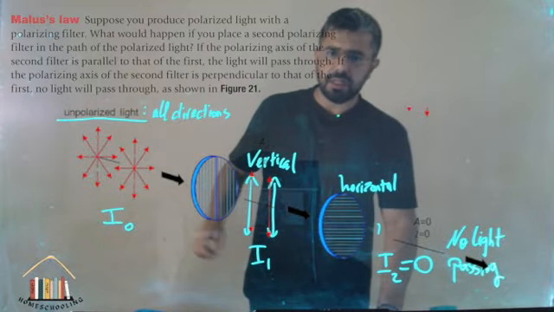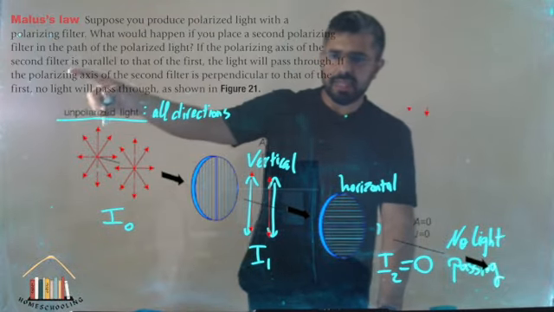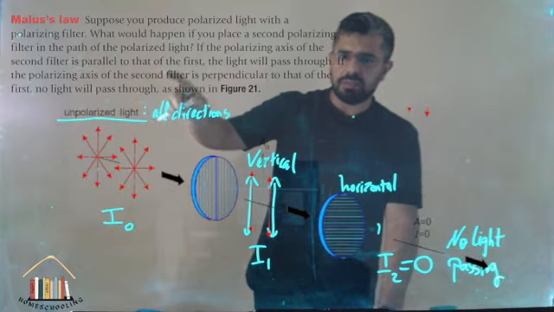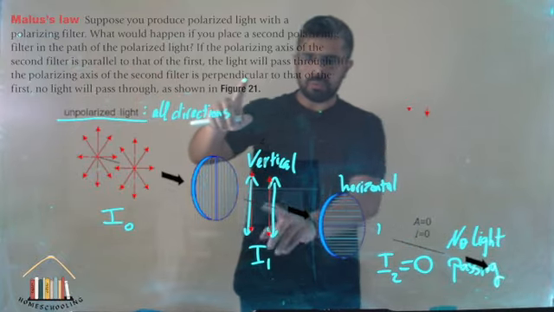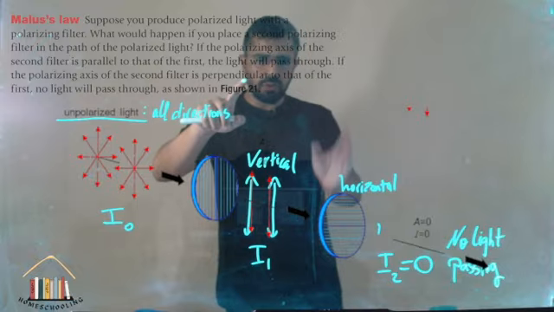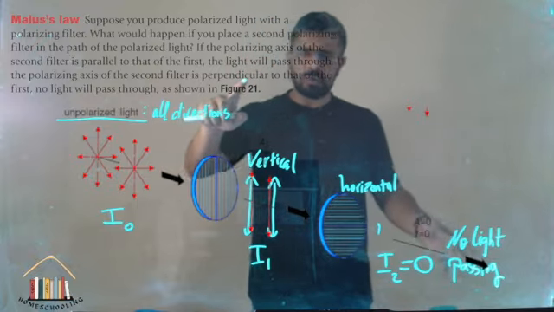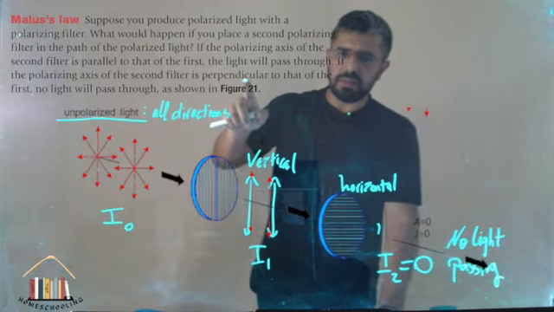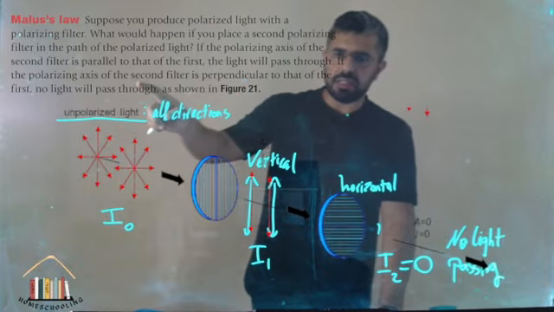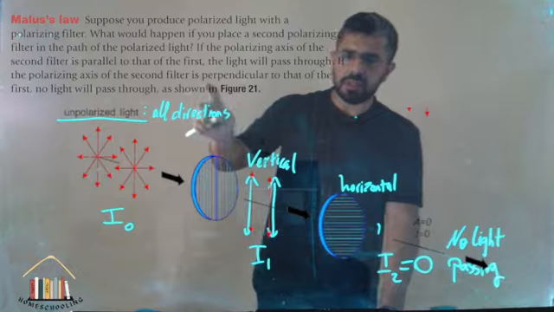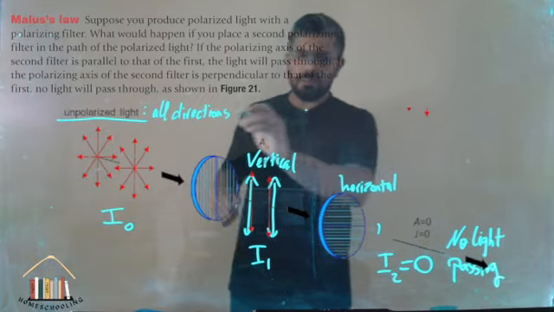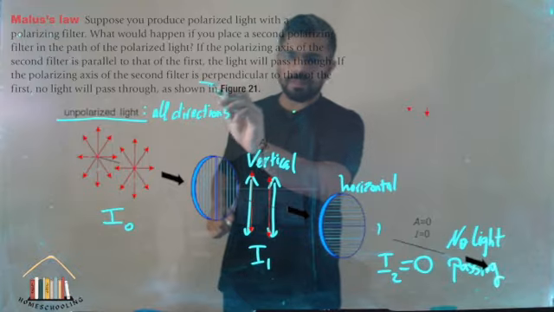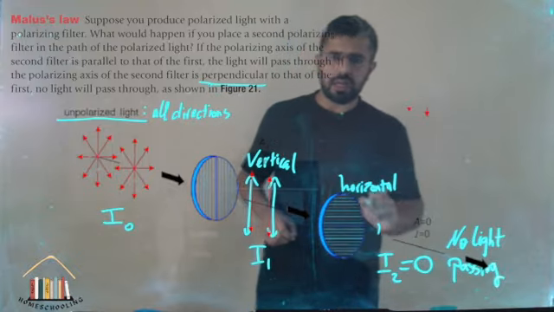What will happen? If the axis of the second is parallel to the first, the light will pass. Imagine these two polarizers, both of them vertical, so of course the light will pass. But what if both axes are perpendicular? What will happen to the light?